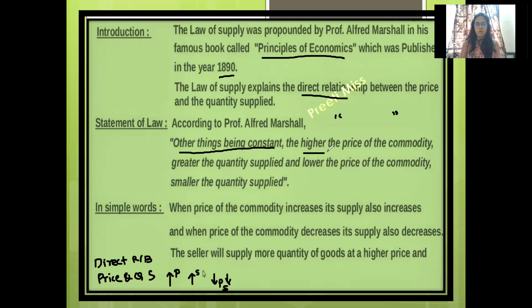Higher the price of the commodity, greater is the quantity supplied, and lower the price of the commodity, smaller is the quantity supplied.